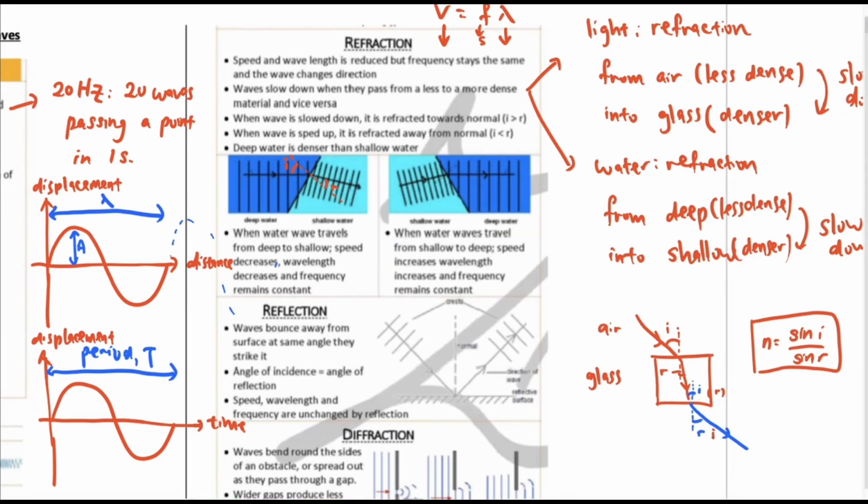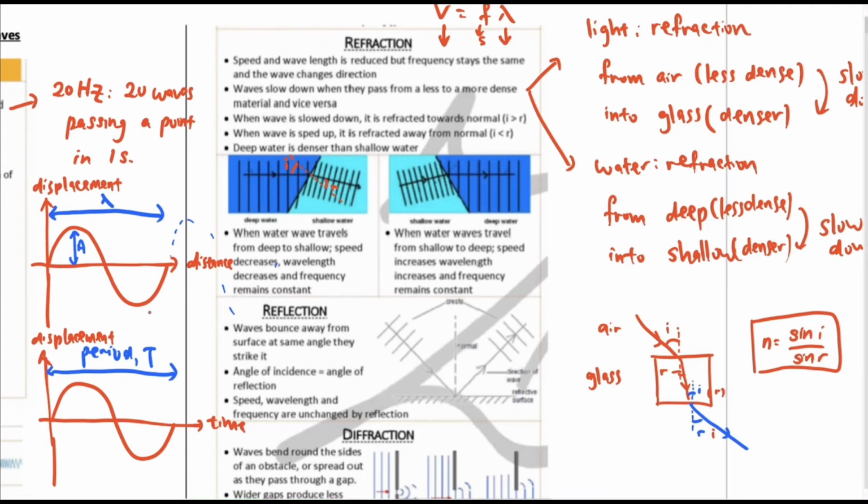This is the big one, I. This one, the small angle, R. When you calculate the refractive index, you get a value greater than 1, because a big value divided by a small value gives an answer greater than 1. So that is the refractive index involved in refraction. That's why we have to take it that way.